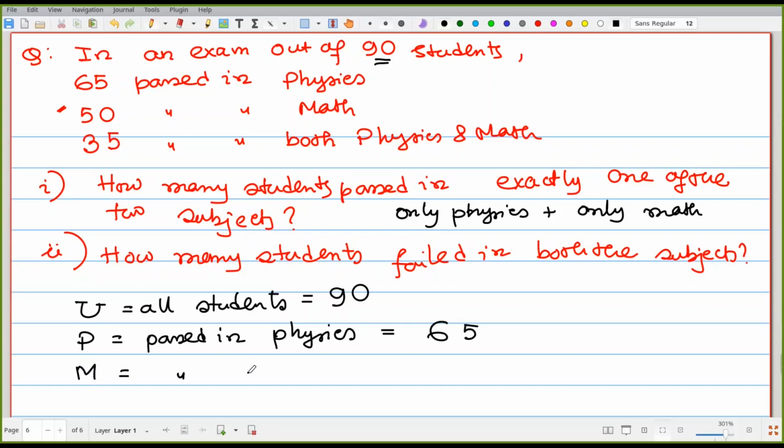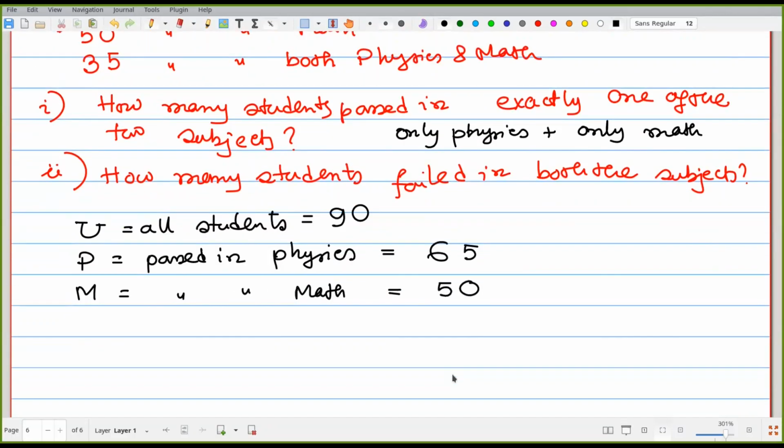M means passed in math, so that means 50, only math plus both. And finally 35 both physics and math. And means intersection, so that is our P intersection M. So passed in both P and M, that is 35.